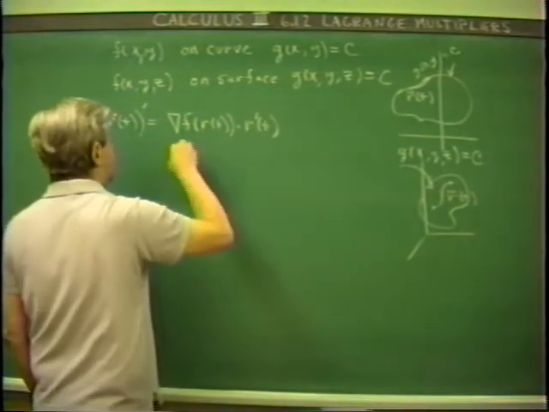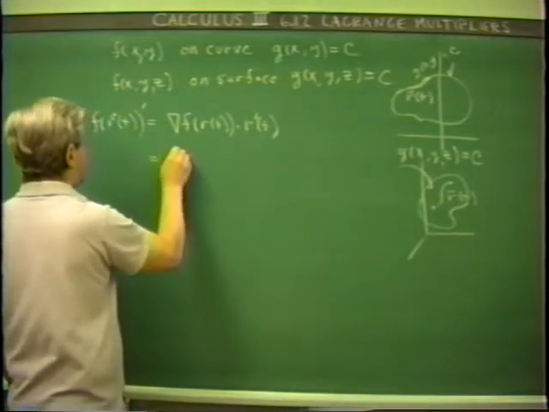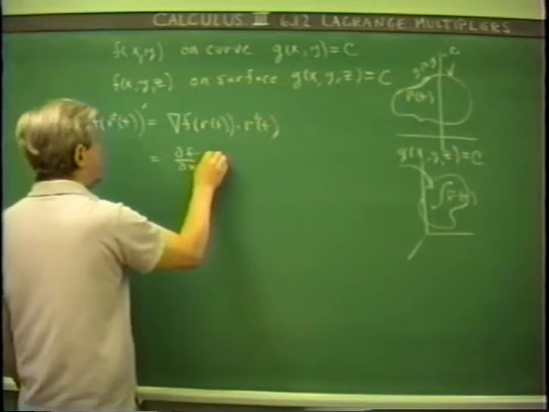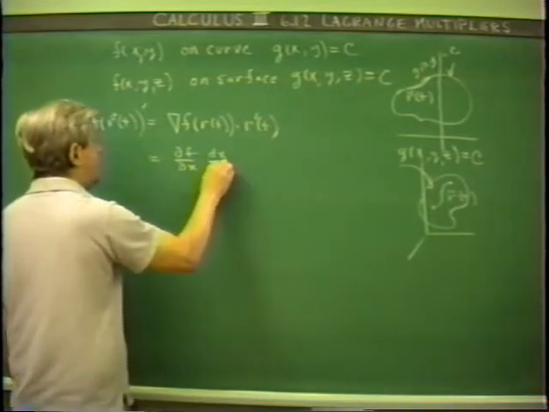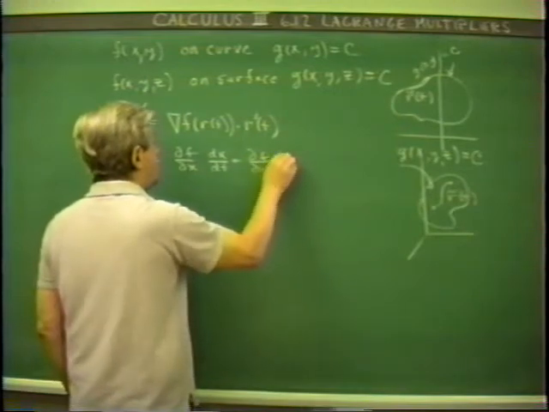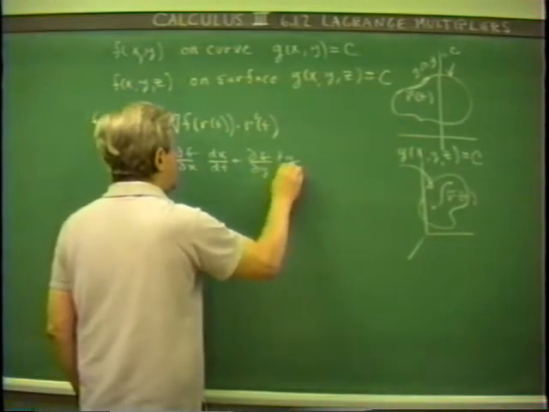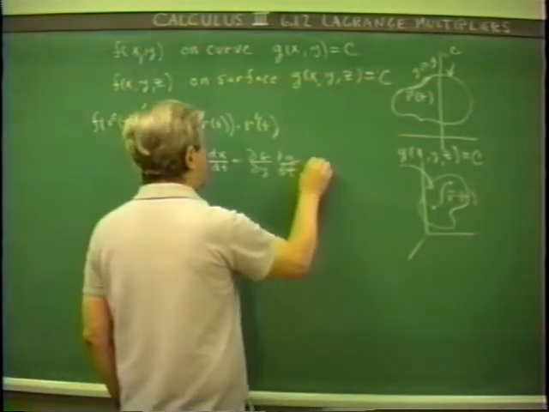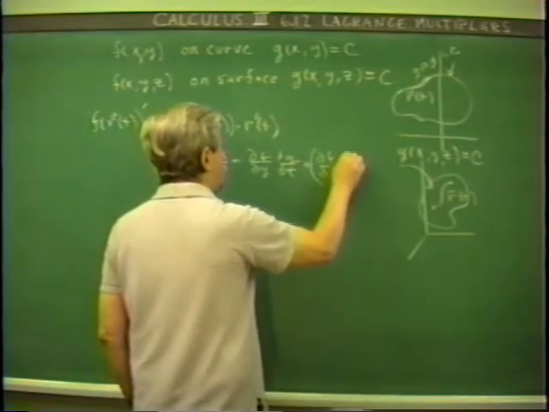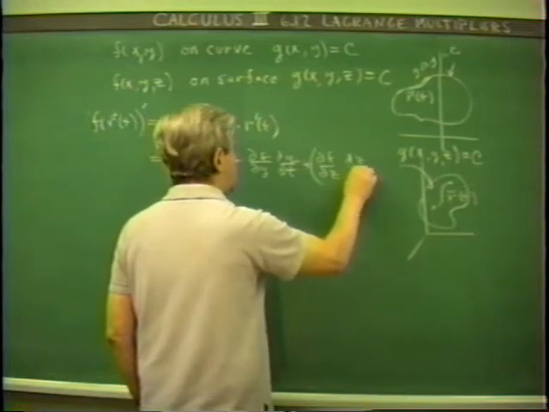The derivative of this is the gradient of f at r of t dotted with the derivative of r at t, because it is equal to the partial of f with respect to x times the derivative of x with respect to t plus the partial of f with respect to y times the derivative of y with respect to t.